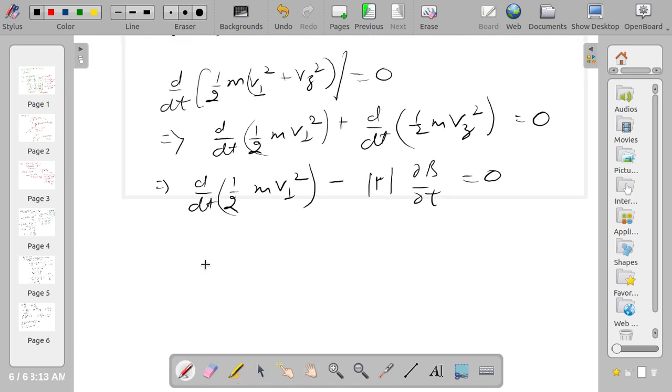And d/dt of the perpendicular component of kinetic energy is equal to mu ∂B/∂t.